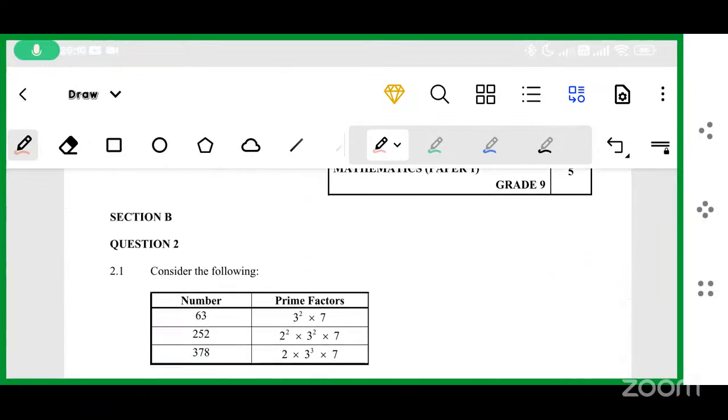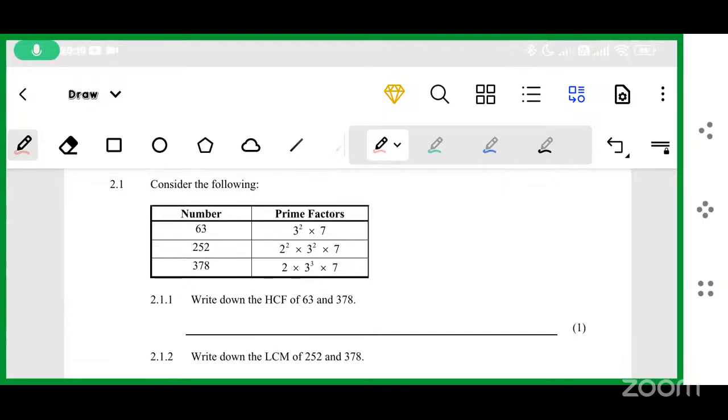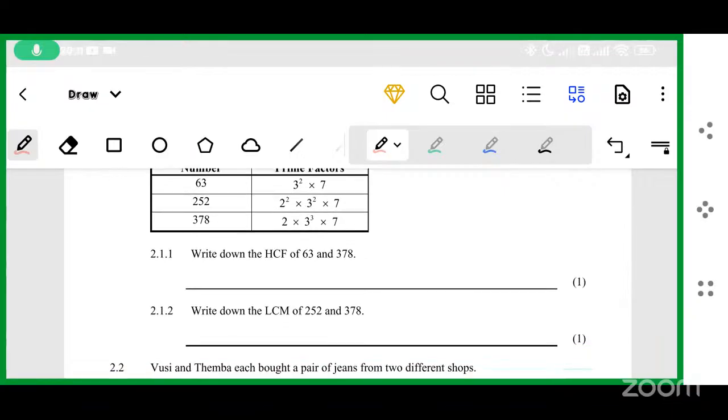So let me see. B, it says, consider the following. So we have the numbers on the left-hand side and the prime factors on the right. So we have 63, 252, 378, and they gave us the prime factors of 63 being 3 to the power of 2 multiplied by 7, of 252 being 2 to the power of 2, 3 to the power of 2, and multiply by 7, and they also give us 378.